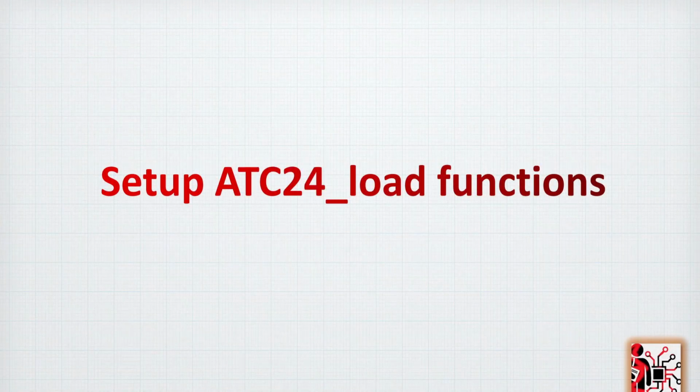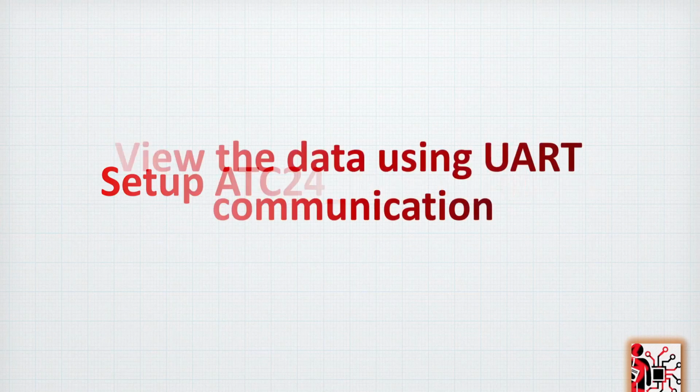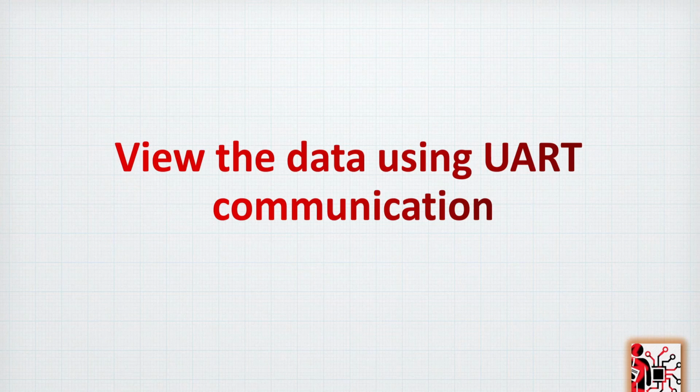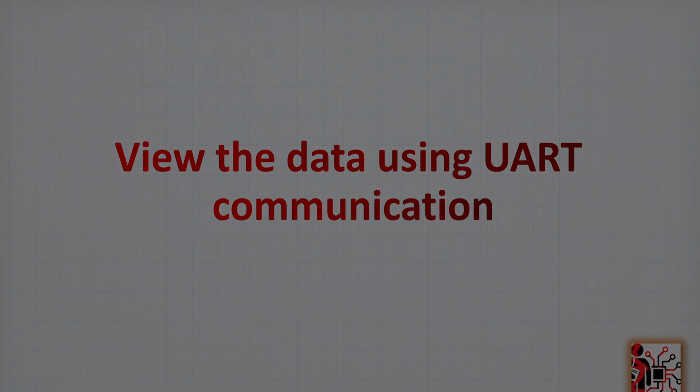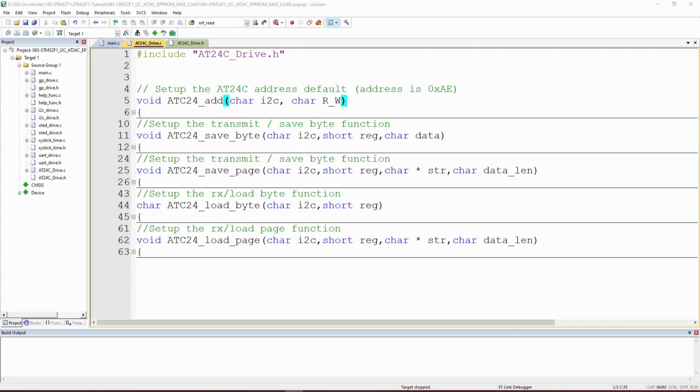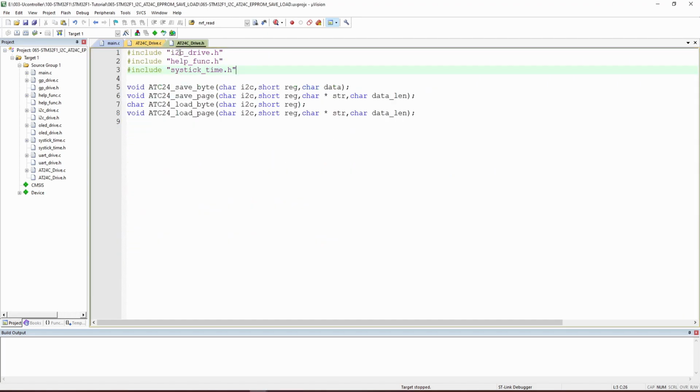So now we created the save and load functions. Nothing better than an example using UART communication to see what's happening inside the system. Okay, so before we move to the main C program, just one thing I have done, just to save time: I copied all the functions that we have created into the AT24C header file, so we can use them in the main program.